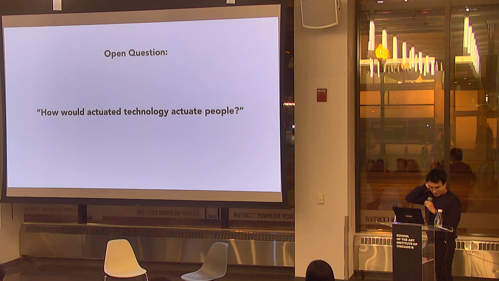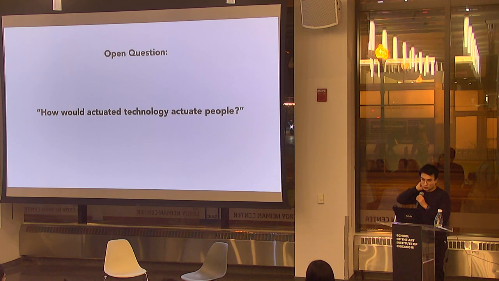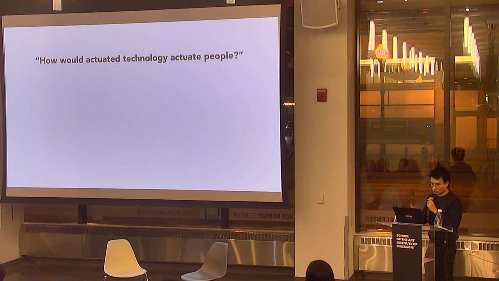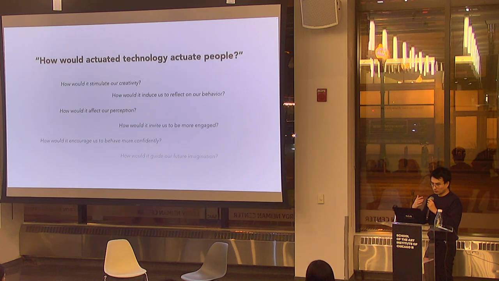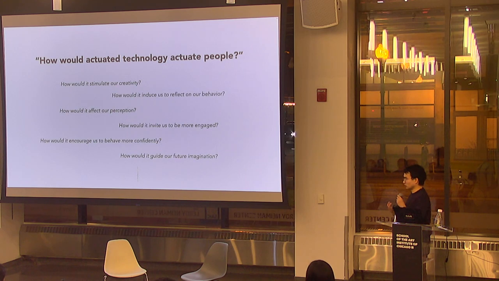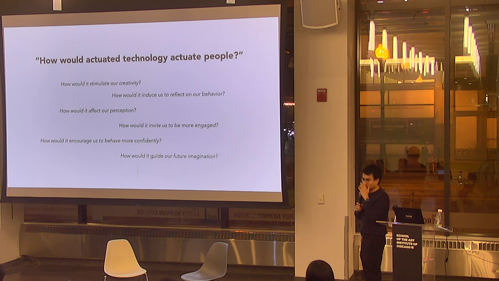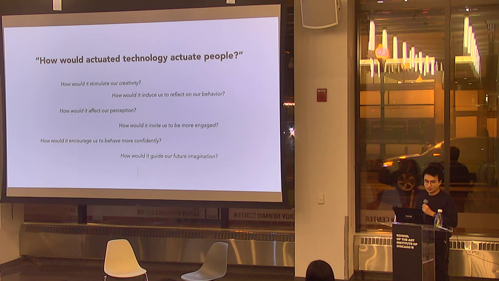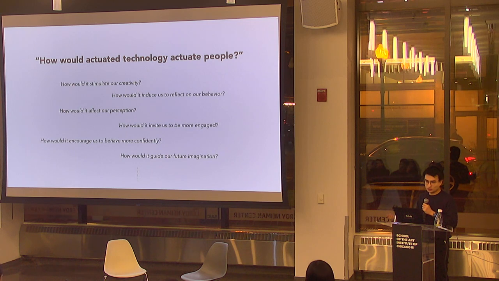So I started with asking this question of how would actuate technology actuate people, and as I mentioned, this could be approached from lots of different angles, and our lab is still young, so I hope more instances would come out to explore how this affects people's creativity, behavior, perceptions, engagement, etc.